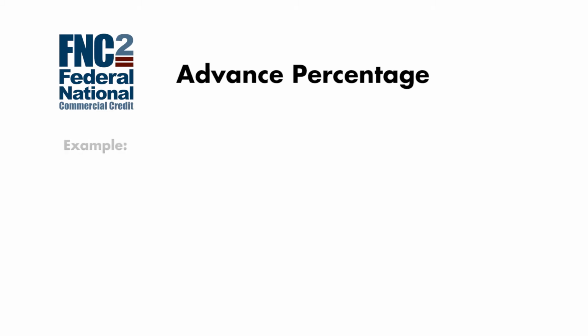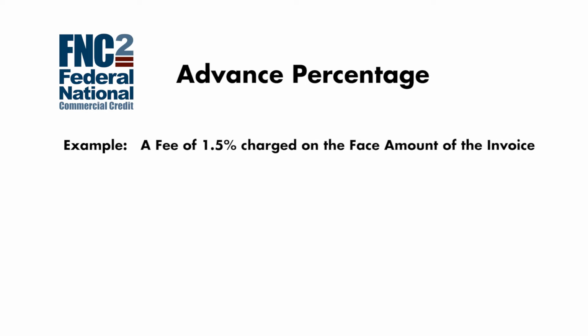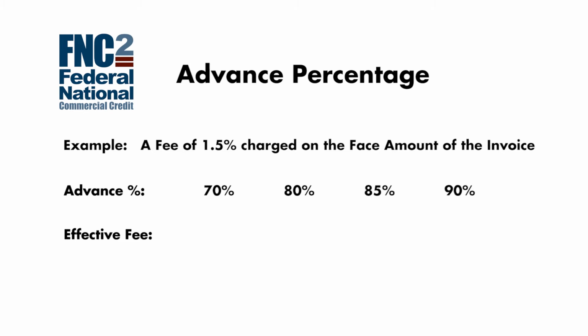In the example, we have a fee of 1.5% charged on the face amount of the invoice. But let's assume that we have 4 different proposals, with advance percentages of 70%, 80%, 85%, and 90%. So those are our 4 proposals.